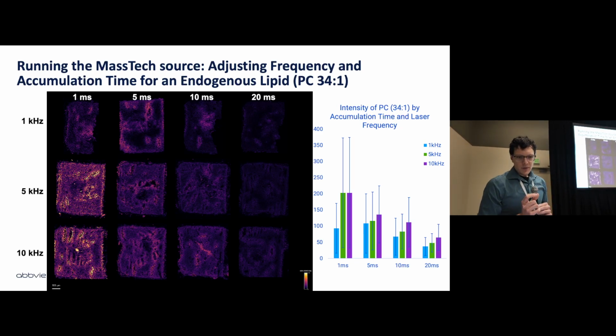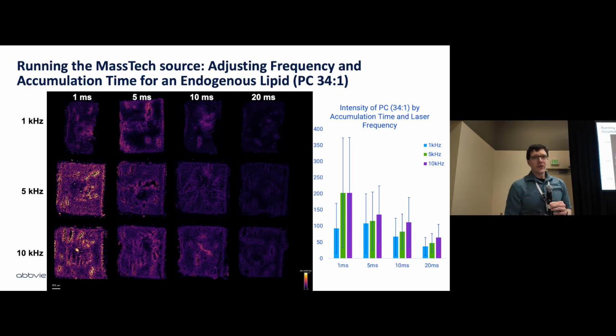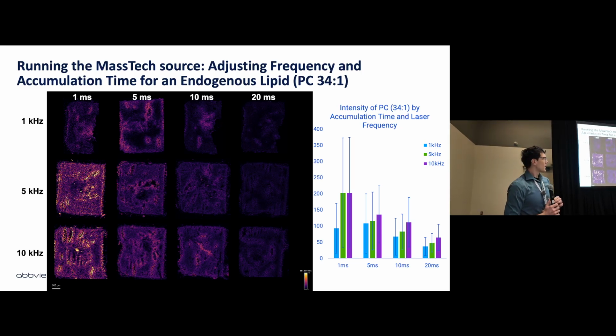And so I have some ideas for why that is, but for those of you who are interested in doing triple quadrupole work, it is important to note that there is, in fact, a sweet spot for the accumulation time for your analytes of interest, and it's maybe not as long as you think it should be.